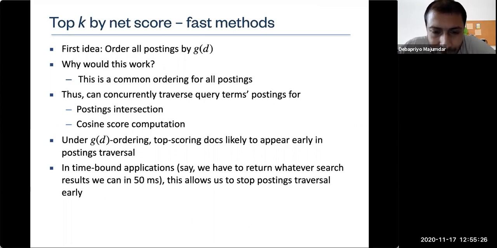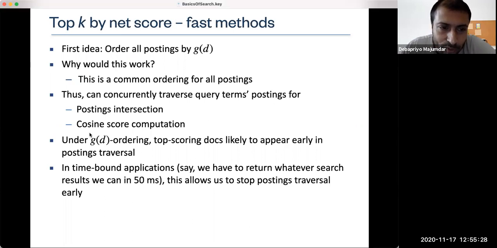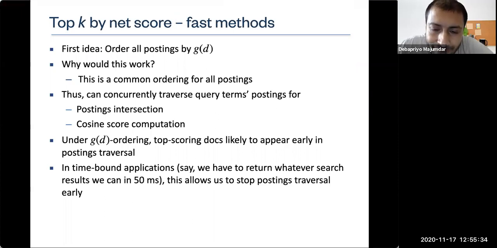Because your scores are already boosted by the PageRank authority scores and stuff like that, whatever you get in the intersection is likely to be rather good results. So this is one method to compute top k when you combine authority score and normal term document specific scores.